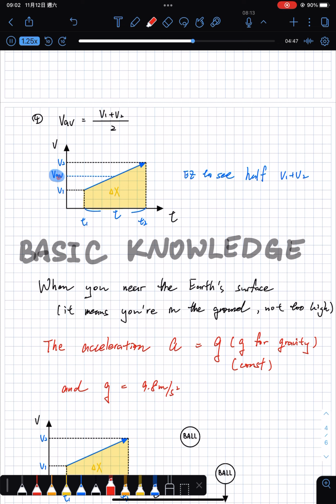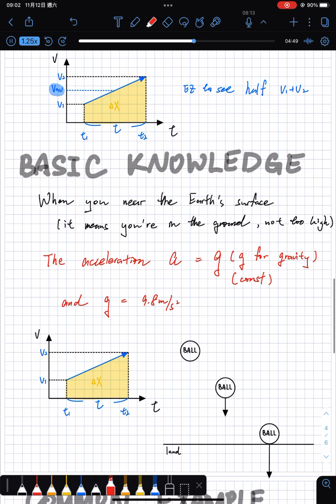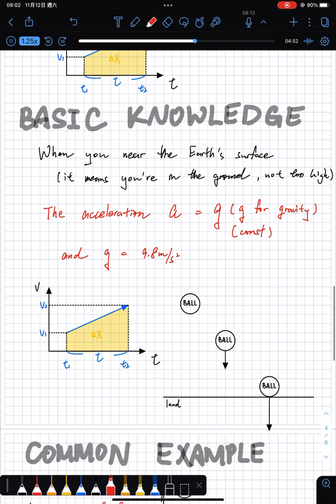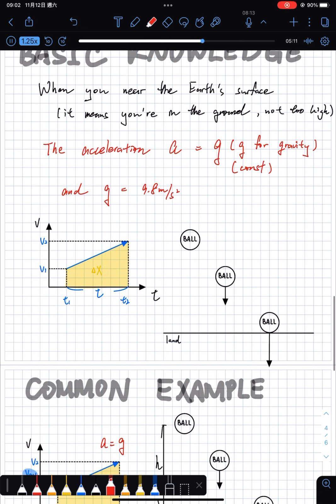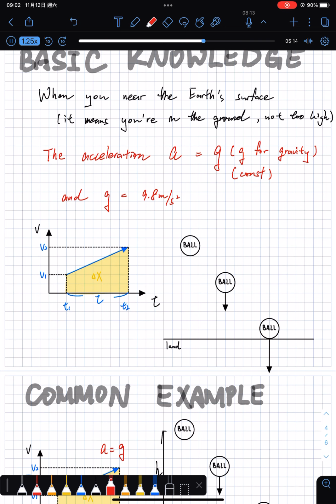Okay, now we talk about some basic knowledge. When you're near the Earth's surface, 就是你在近地的时候, it means you're on the ground, not too high. Then the acceleration a equals g, and g is for gravity, and it is constant. And g equals 9.8 meters per second squared, and it is for the Earth.